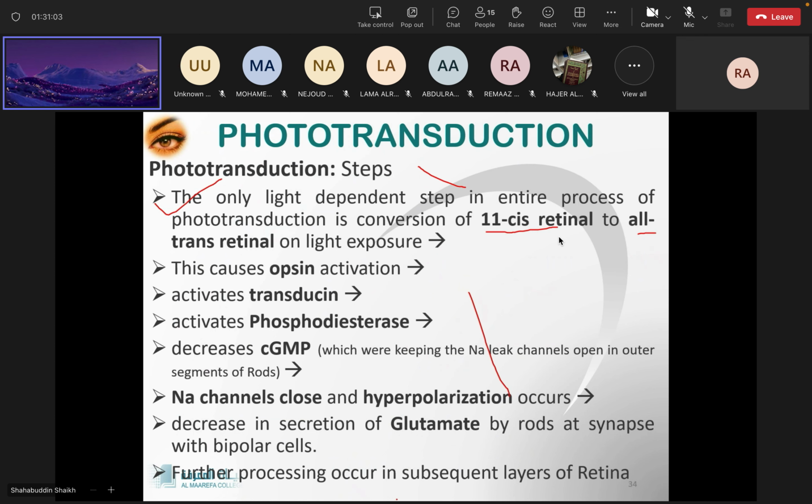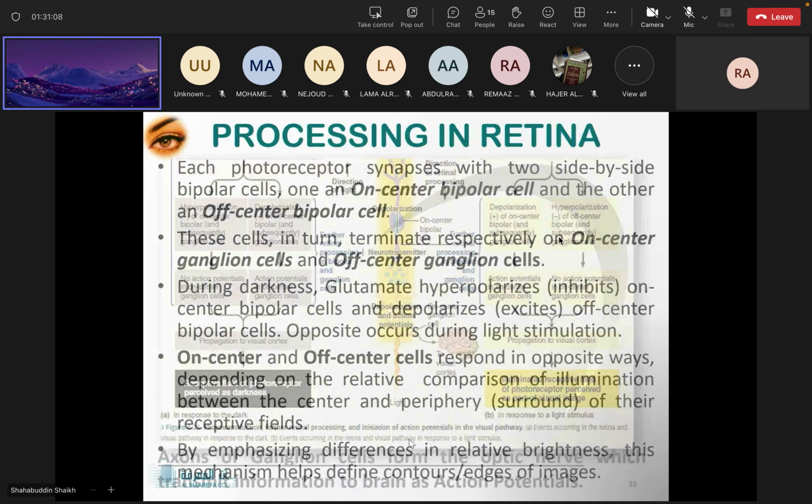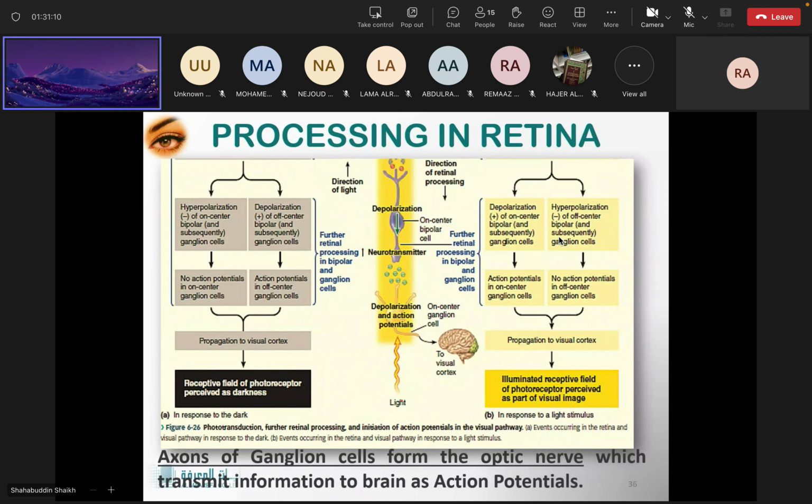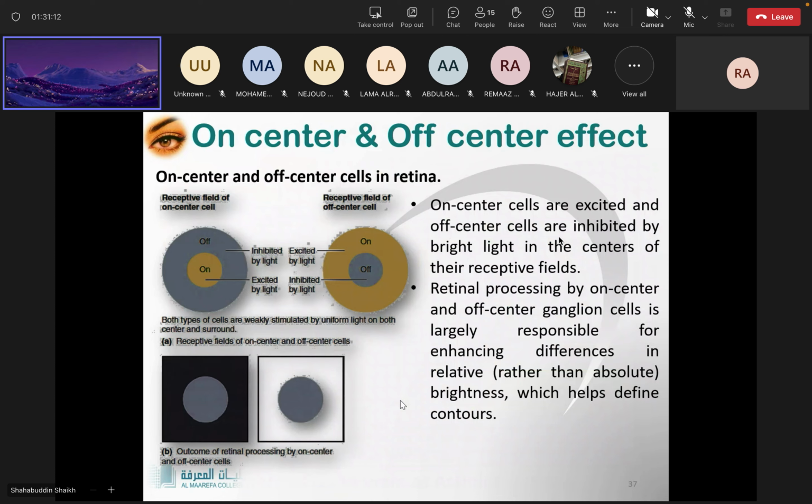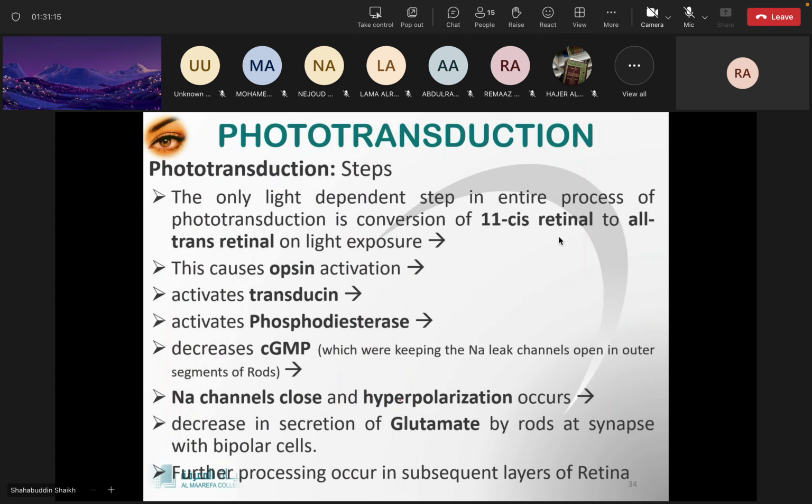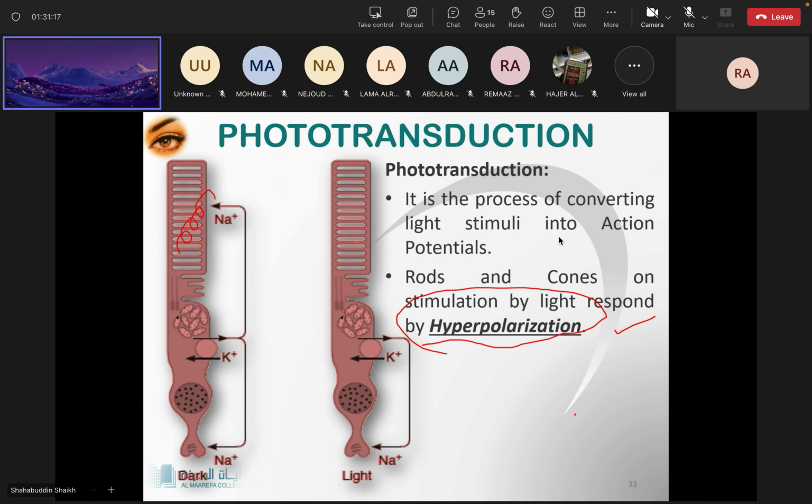Now, when this hyperpolarization occurs, there is a change in the neurotransmitter secreted by the receptors. Here, the receptor cell is synapsing with the bipolar cell, and the bipolar cell is synapsing with our ganglion cell, which will carry the action potential. Whenever hyperpolarization occurs, it will cause a decrease in the neurotransmitter here.